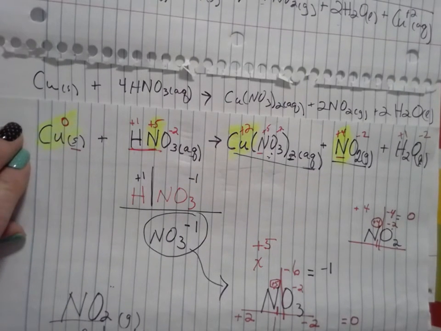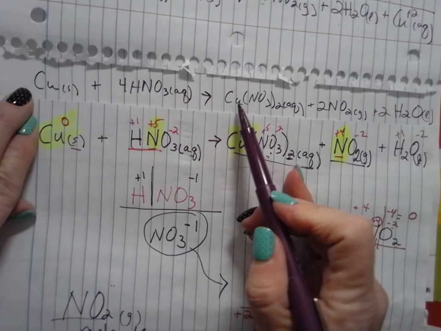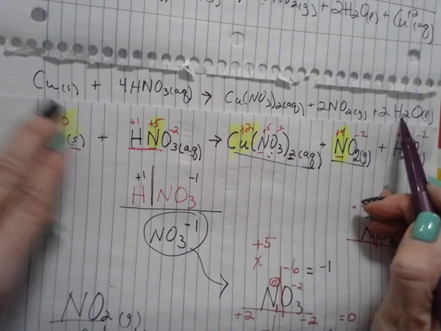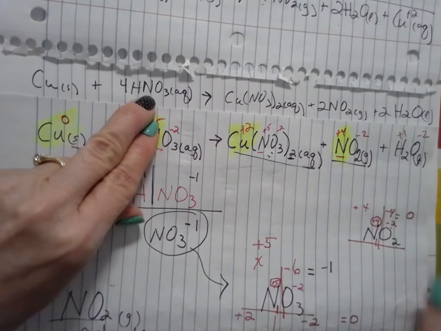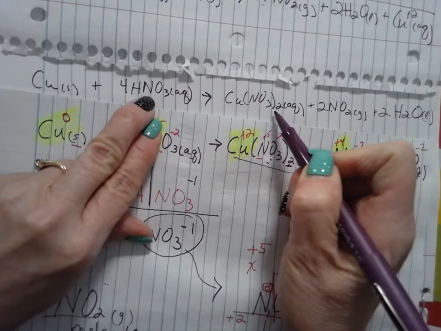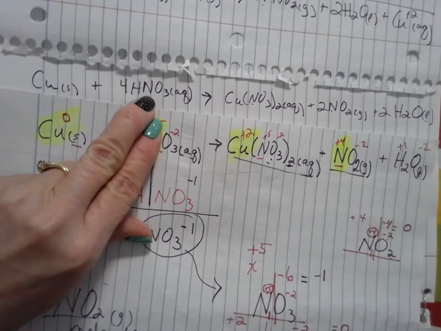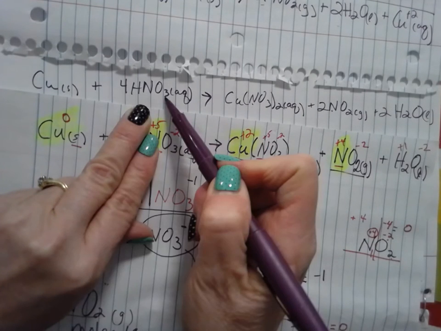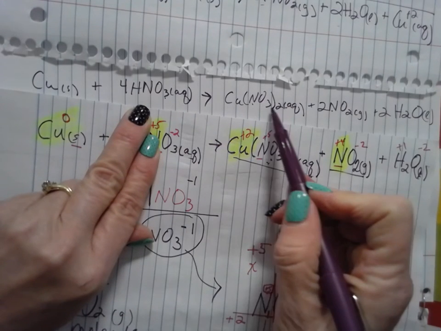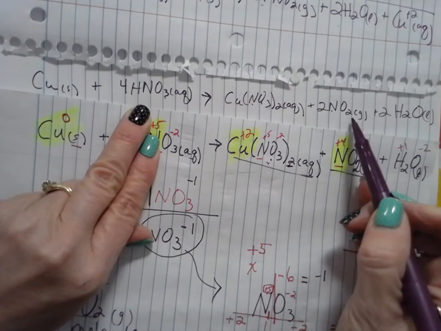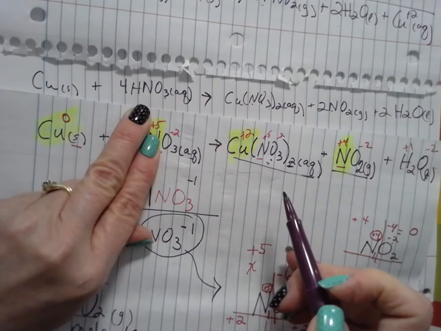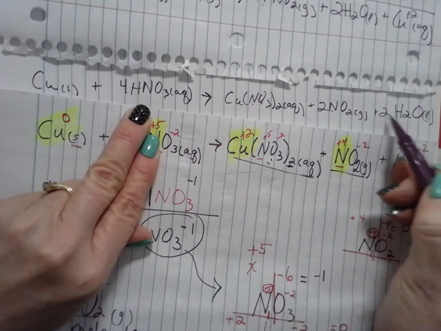But I got 1 copper, 1 copper, 4 hydrogens, 4 hydrogens, 4 nitrogens. I've got 2 nitrogens here and 2 here. That's 4 nitrogens. I've got a total of 12 oxygens on this side. So I've got 2 times 3 is 6 oxygens here, plus 4 oxygens here, that's 10, and 2 oxygens here is 12.